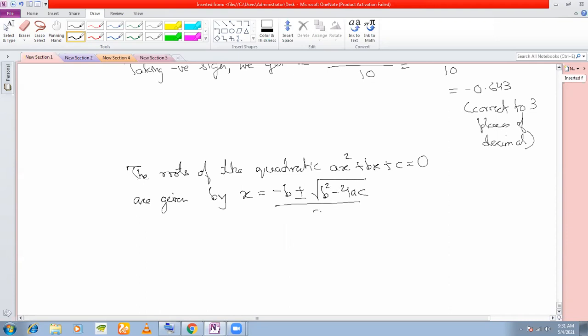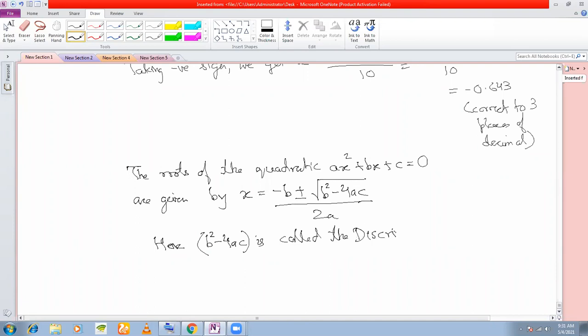You already know this, right? Now, under the radical, this expression that you have here, b square minus 4ac, is called the discriminant of the quadratic.